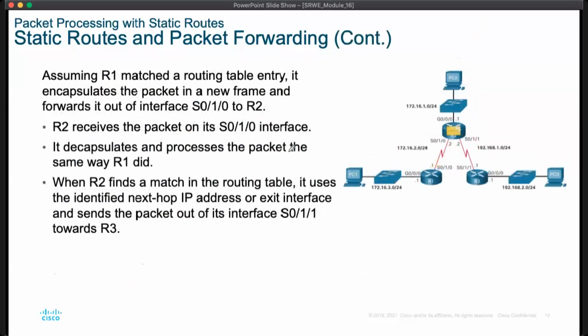So assume R1 matches a routing table entry. It encapsulates the packet in a new frame and forwards it out of interface S0/1/0 to router 2, or R2.